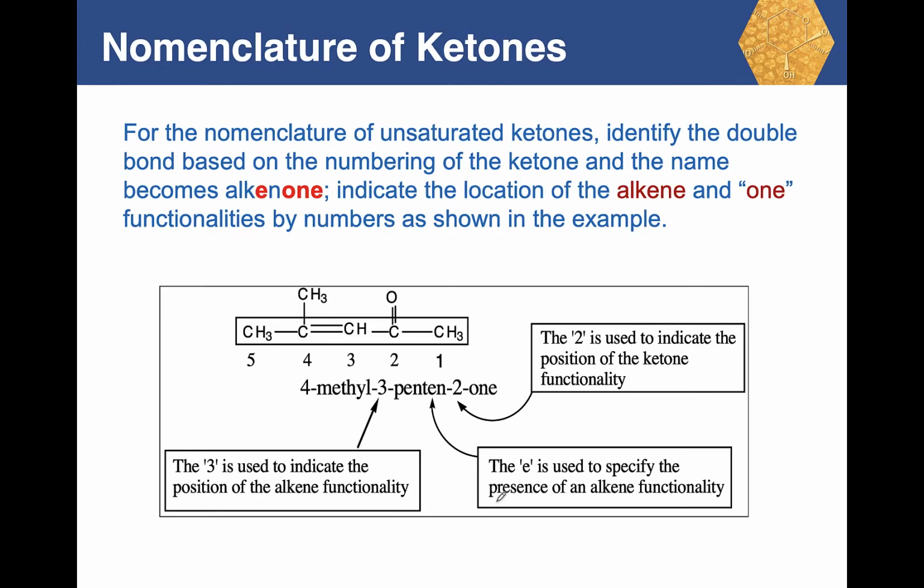Let us look here at a little more complex molecule. This one here is an unsaturated ketone. So what we'll find here is a carbon-carbon double bond and also a ketone.